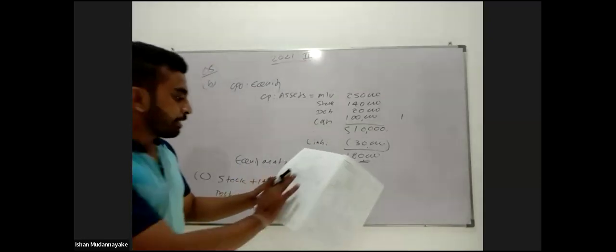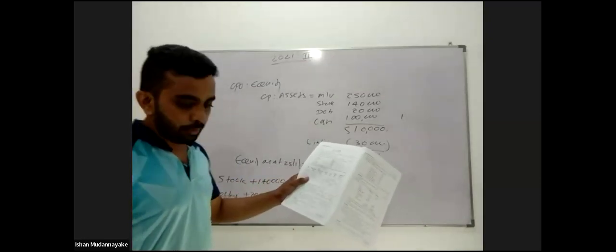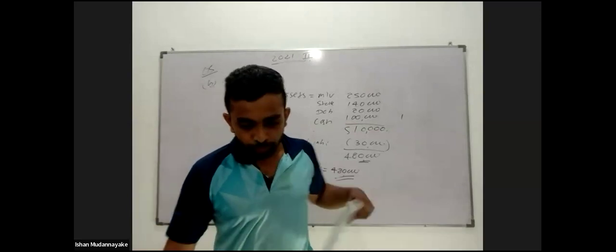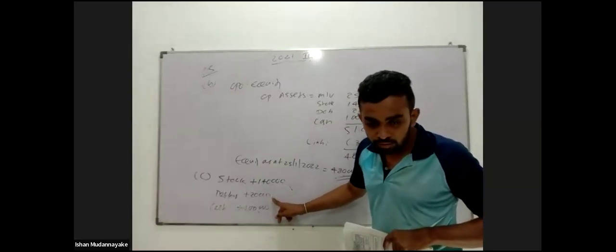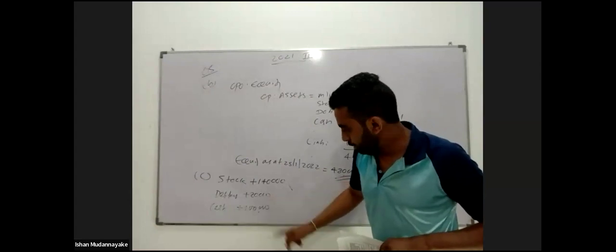Right. Changes during the month. These are the opening balances of stocks, debtors and cash.